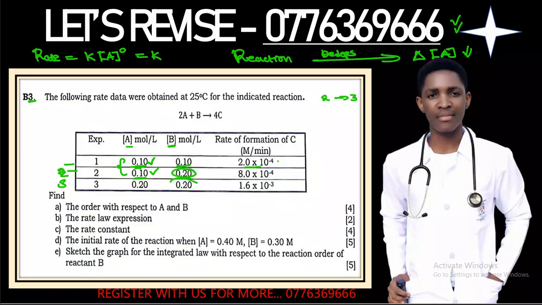It's 0.2 and 0.2, so we are not going to consider it. We're going to consider A, which is changing from 0.1 to 0.2, and this makes a lot of sense because we want to see how the effect of this change will affect the rate of reaction.